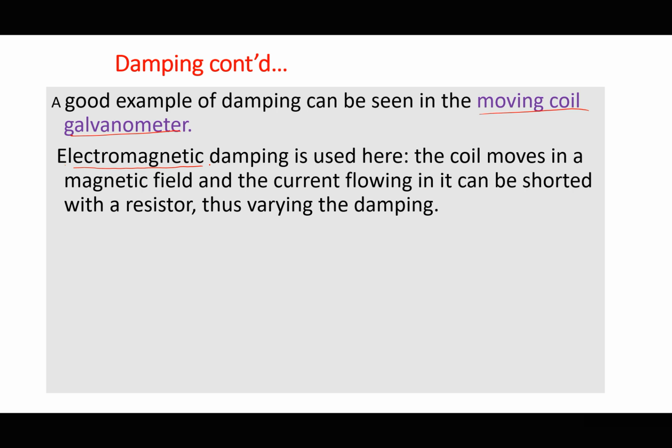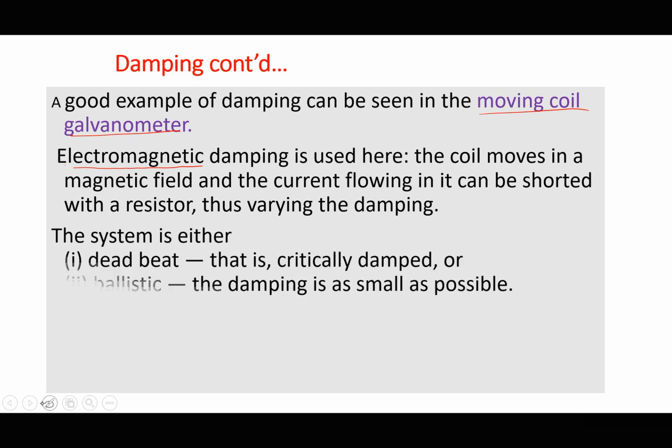The coil moves in a magnetic field and the current flowing in it can be shorted with a resistor, thus varying the damping. So what is inside these moving coil meters is basically an electromagnet, which automatically becomes a magnet when the current flows and immediately stops being a magnet when the current is lost.